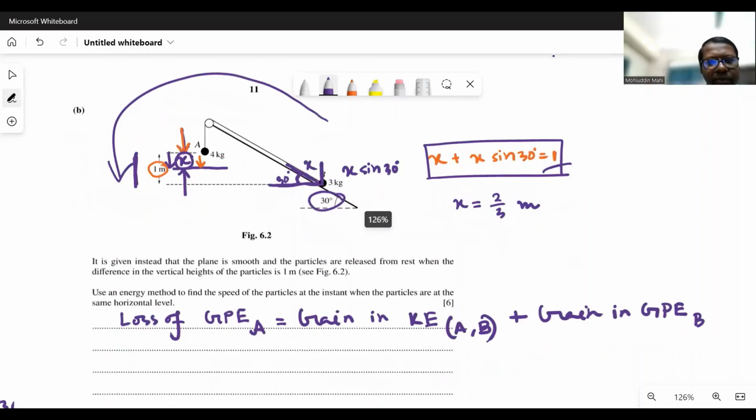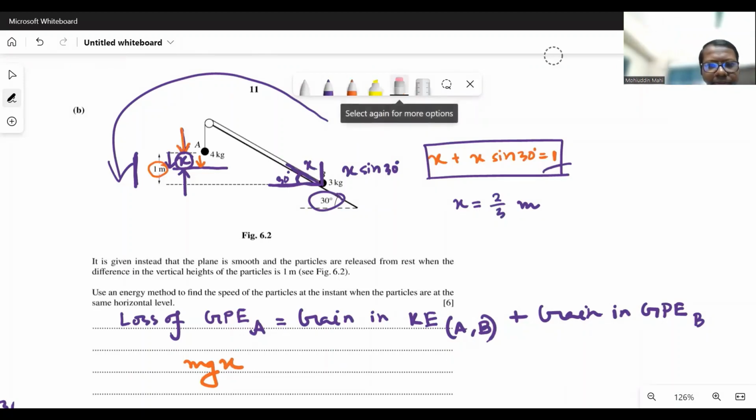All right, so loss of gravitational potential energy of A, which is descending down by x meters, is going to be mAgx.